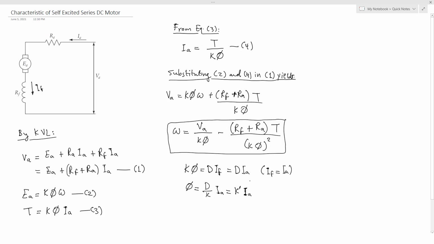Let's say that this equation is, for example, 5, this is 6, and this is 7.